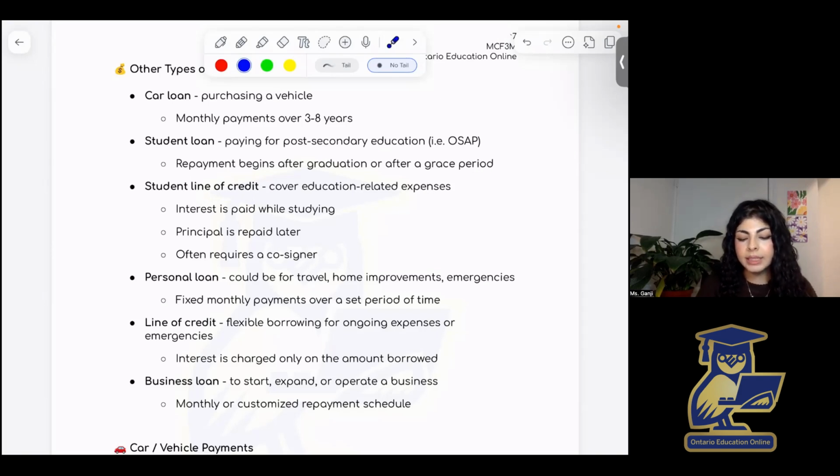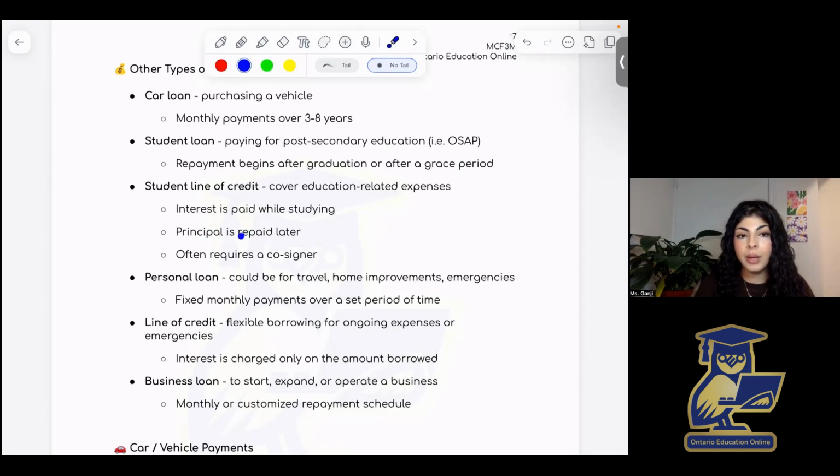And with the student ones at least, they cover education related expenses. And you do pay the interest while you're still studying, so there's not a grace period for the interest unlike the student loan, but you can actually pay the principal amount later. So you can perhaps use this for tuition or even just for other costs if you're living away from home while you're studying.